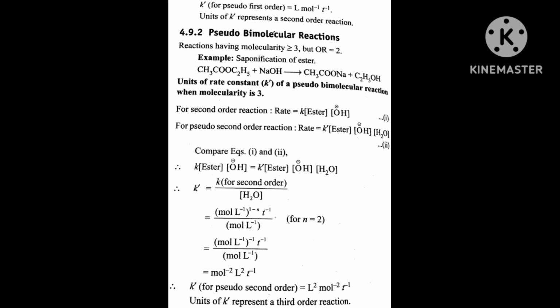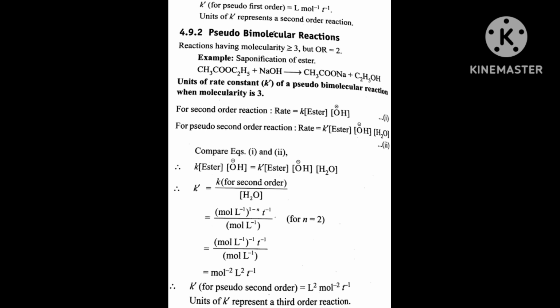Now the second example I am telling you is the inversion of cane sugar. Cane sugar means what? Sucrose, C12H22O11. That is the cane sugar.